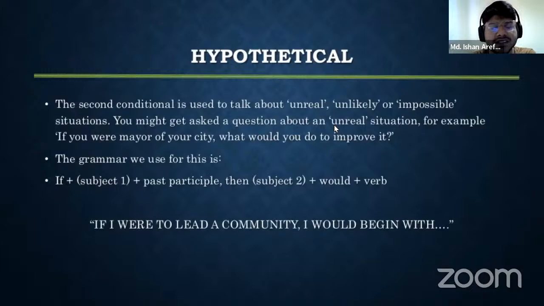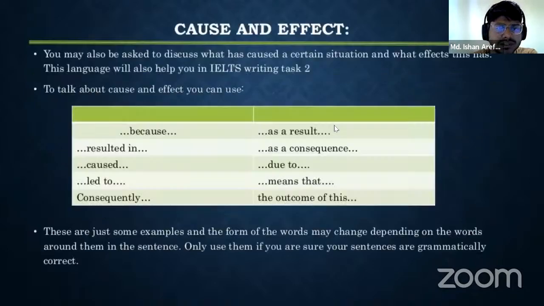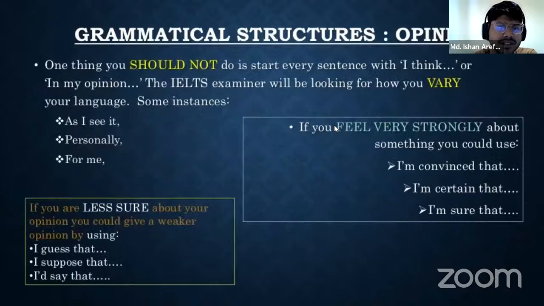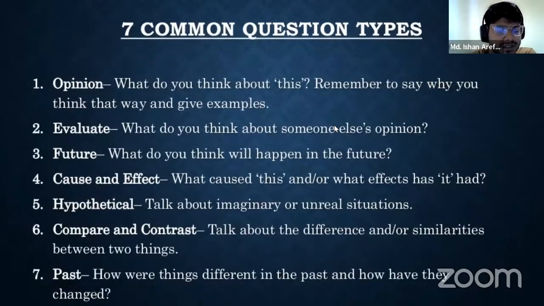We have discussed many types of question in the IELTS speaking test. For example, in the previous classes, let me show you. There are 7 common types of question in IELTS speaking test task 3.